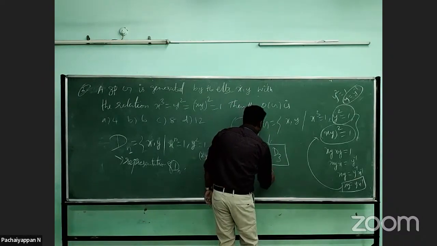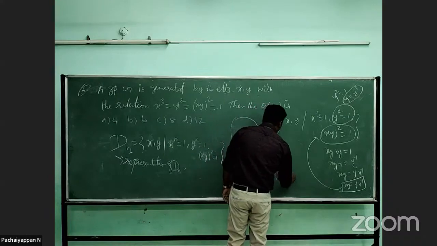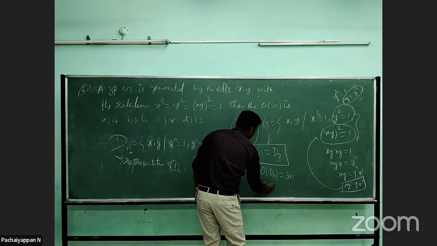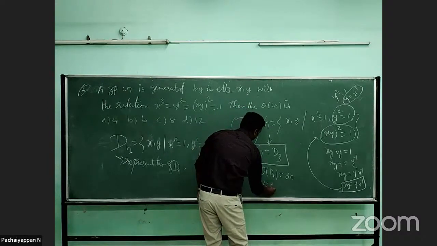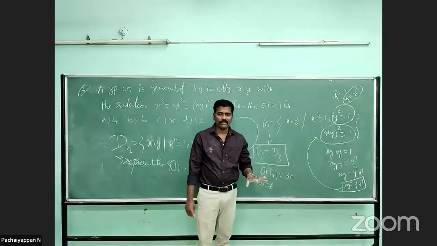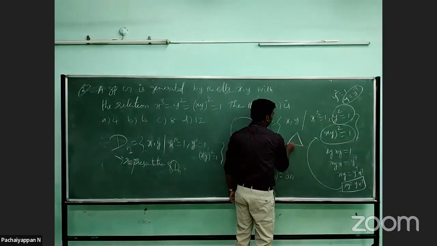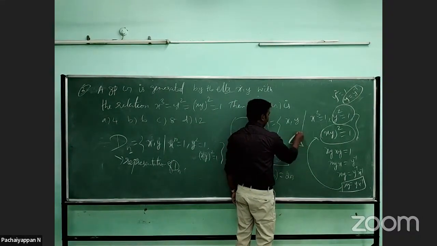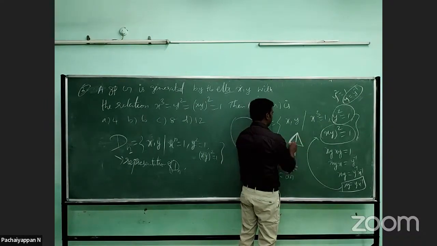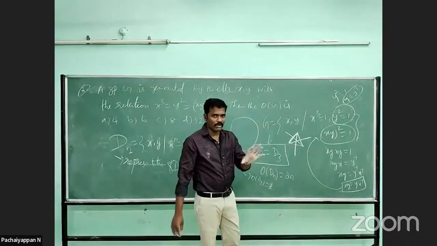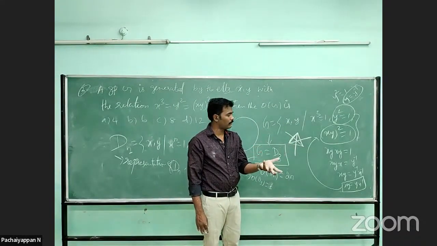Order of Dn equal to 2n, so order of D3 equal to 2 into 3, which means 6 elements: 3 rotations and 3 reflections. Take an equilateral triangle. This is one reflection, this is another reflection, this is another reflection, and 3 rotations of 120, 240, 360 degrees.